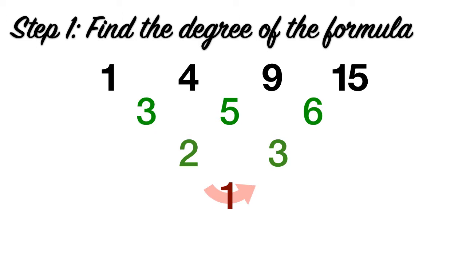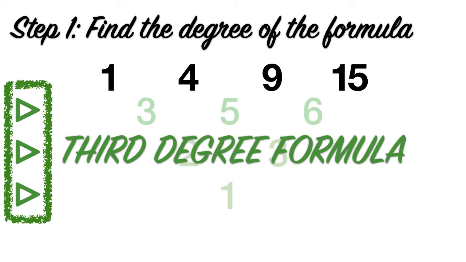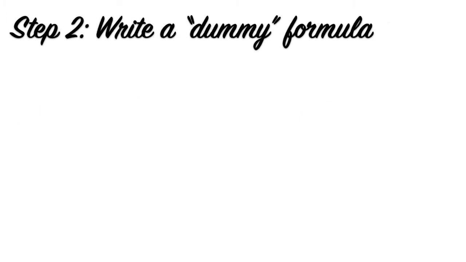And now, because we've run out of being able to find differences, we can count the number of, quote, difference rows to determine that the degree of our closed formula should be a third-degree polynomial. This allows us to write what is called a dummy formula.